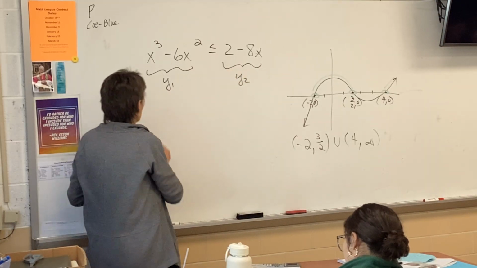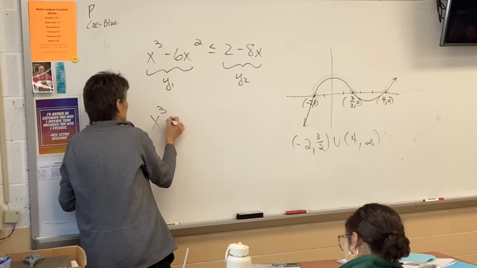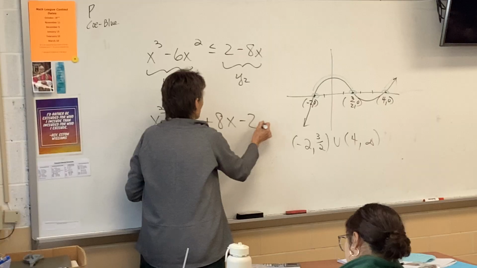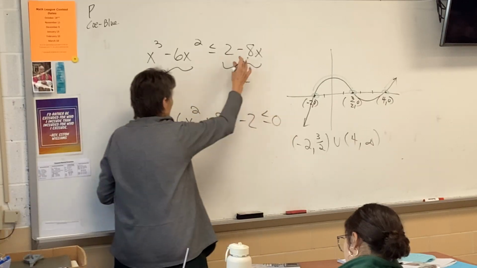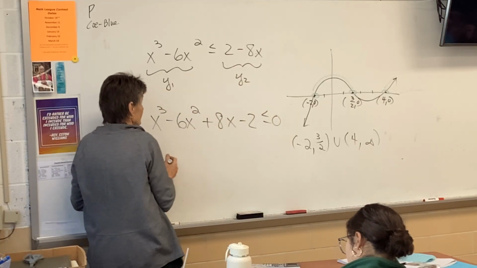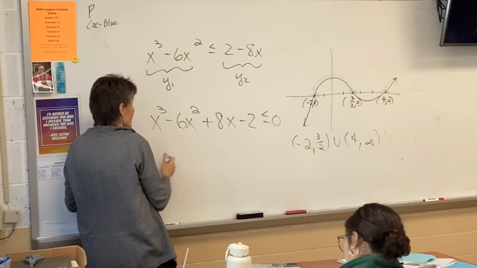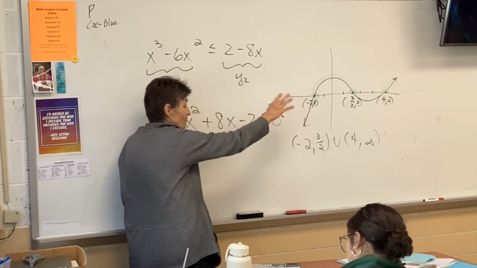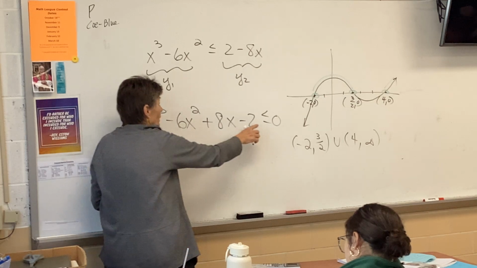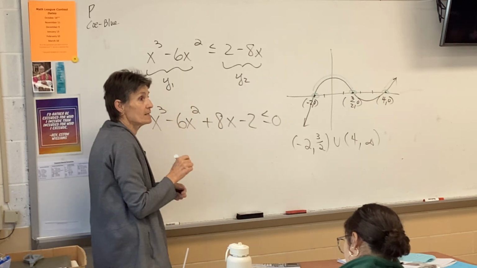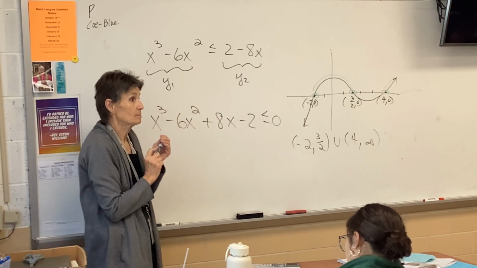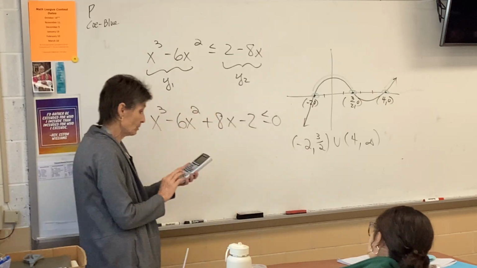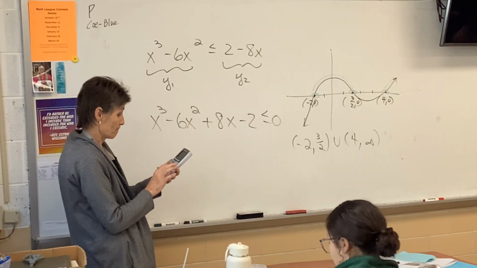Another strategy would be to move everything over on one side, so add the 8x, subtract the 2. Graph this, it's gonna look something like that. I mean, I'll have that kind of shape. And you wanna know where it's under the x-axis. So either way is fine, whatever works for you.